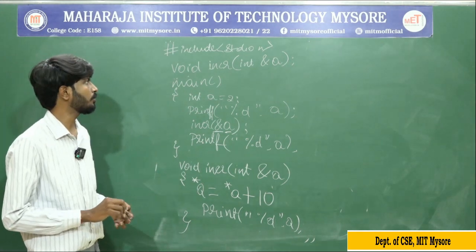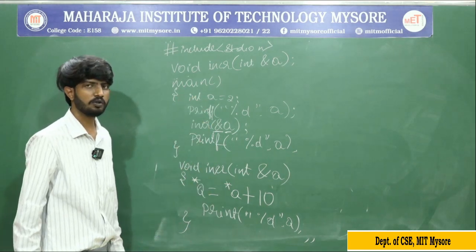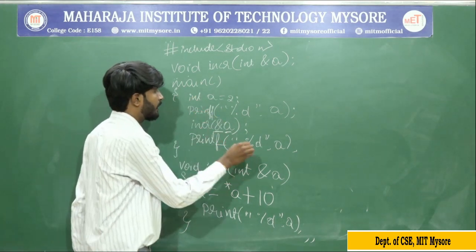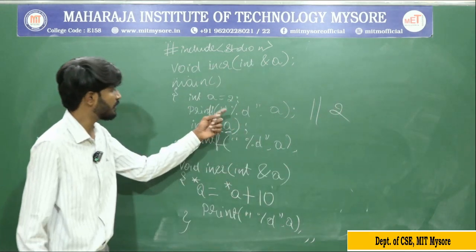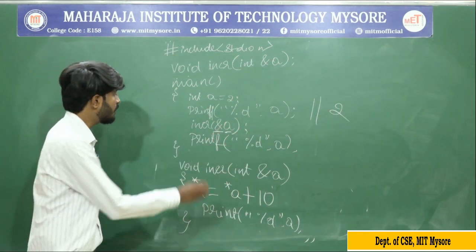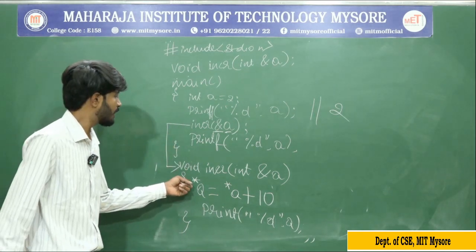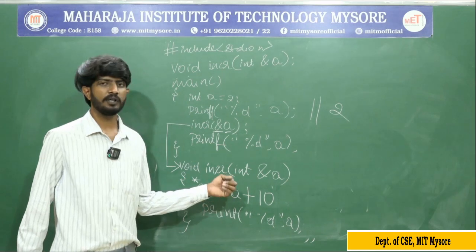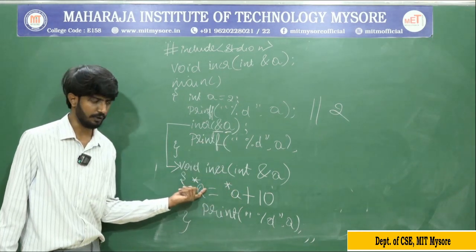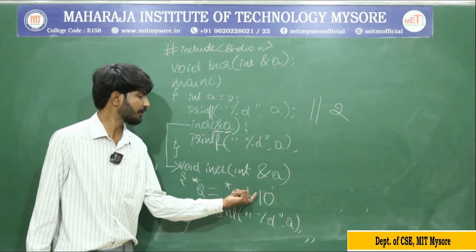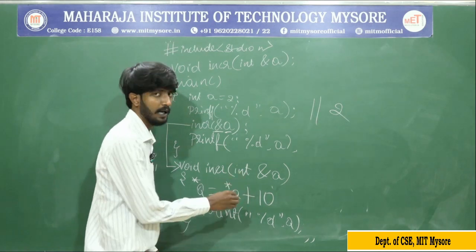So how is it going to work? This is the declaration part, and here the value of a is 2. The printf statement gives the result 2. Then it will call this function. Then the data at the address of a plus 10, so 2 plus 10 equals 12.